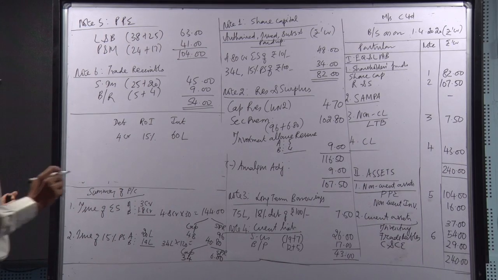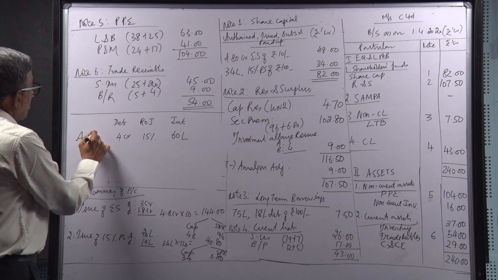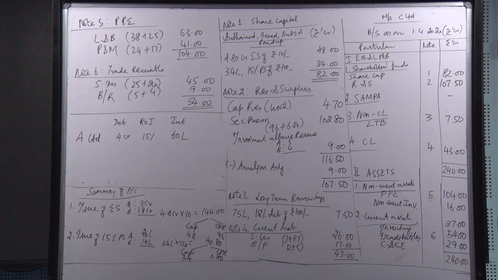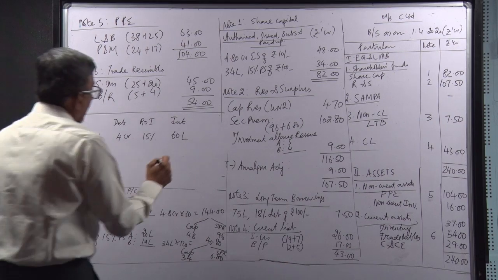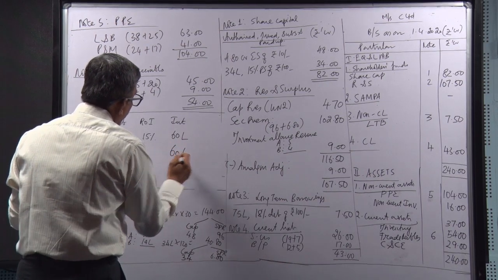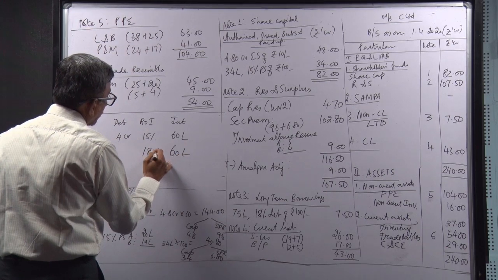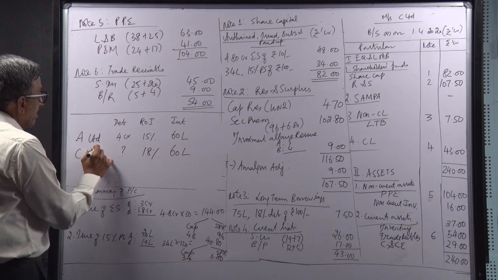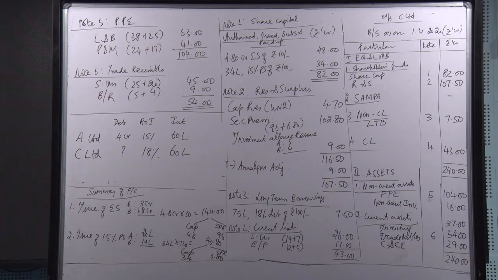This is what is there in A Limited. The debenture holders of A Limited will get the same interest of 60 lakhs, but the rate will be 18%. The question is, for what value debenture should be issued in C Limited?